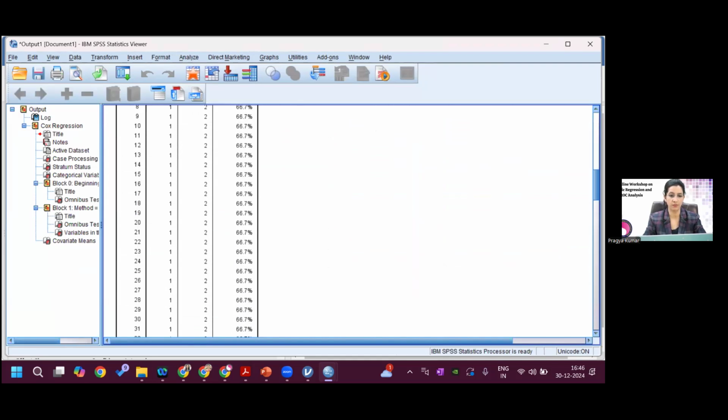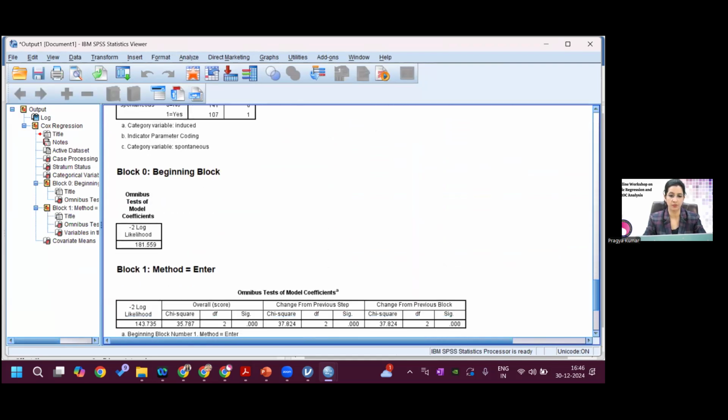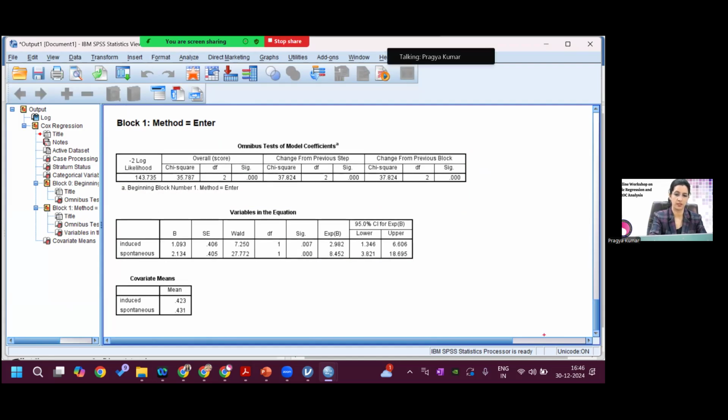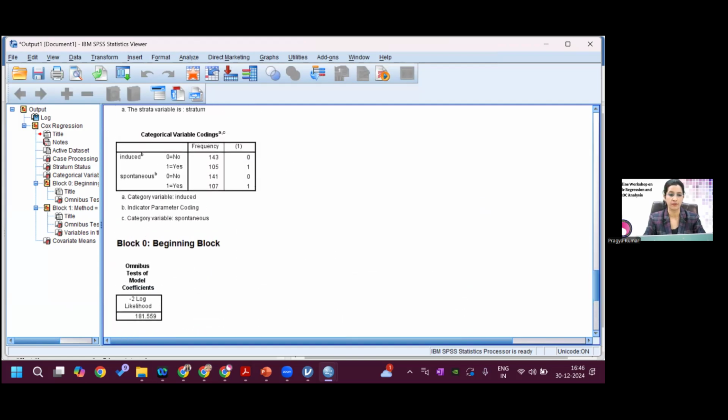So if you come here and see, this is the output, and this is changed from the previous block. It is significant, and if you see the exponent, which is 2.89 and 8.4. Reference category in SPSS, it doesn't give you the reference as we see in Jamovi. So the reference you have to see here, like 0 was no, and here also 0 was no. So it is taken as 0. 0 means it is the reference category.